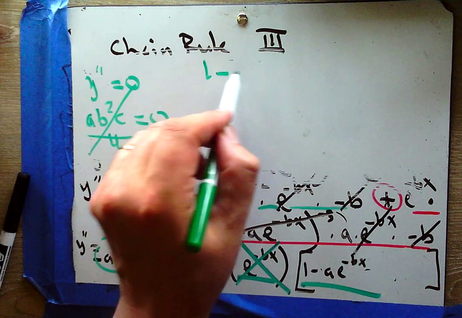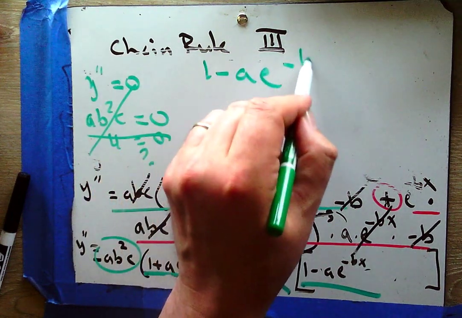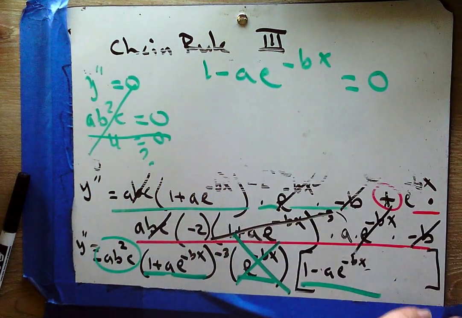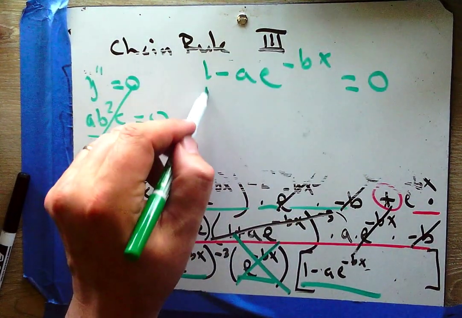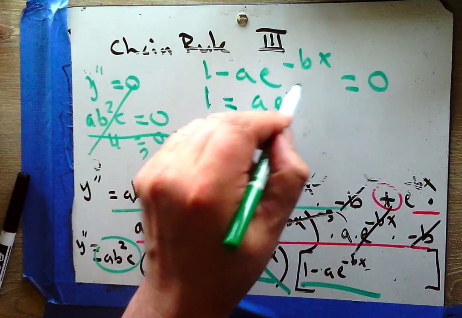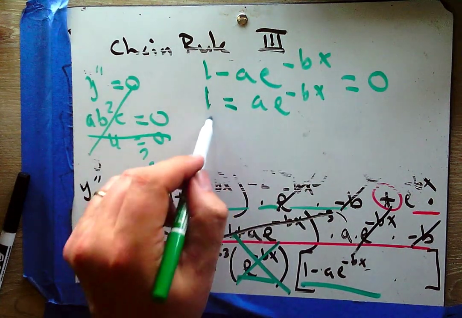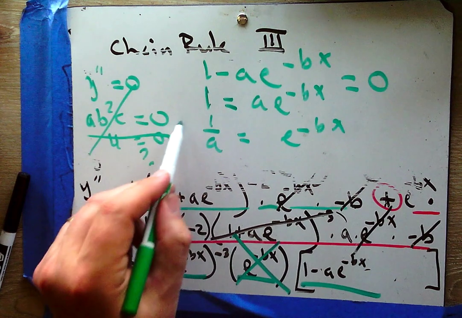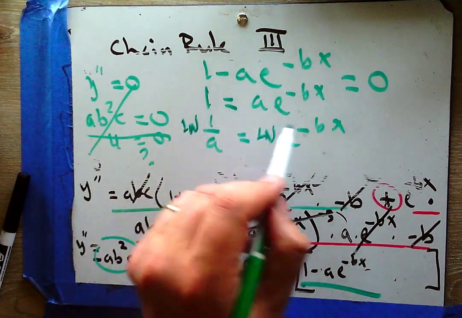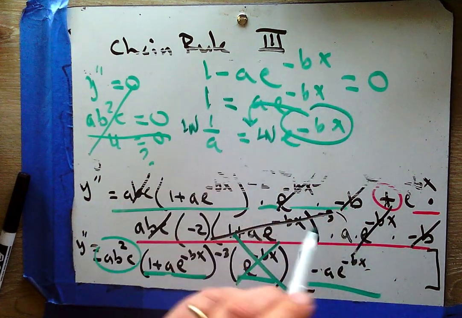I've got 1 minus a e to the minus bx, and I wonder when that equals 0. So I'm going to move this stuff to the other side and say 1 equals a e to the minus bx. I'm going to have 1 over a equals e to the minus bx. I'm going to take the ln of both sides so I can break this down.